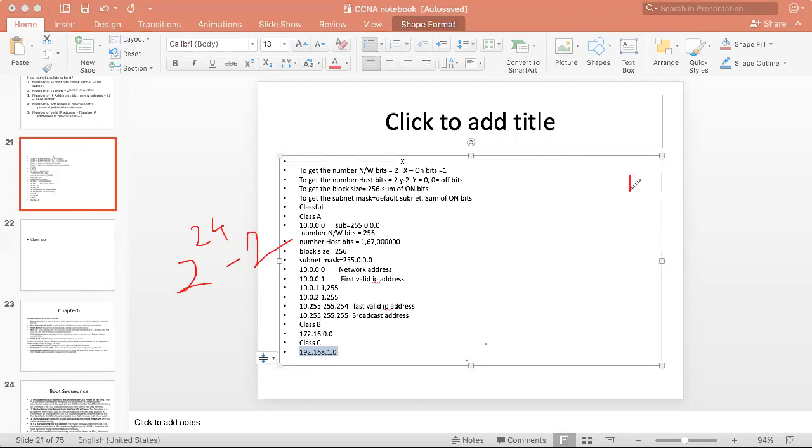It is from the ISP, isn't it? The range will be given to the customer.